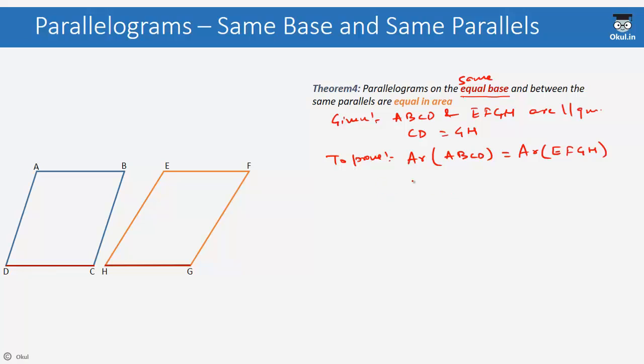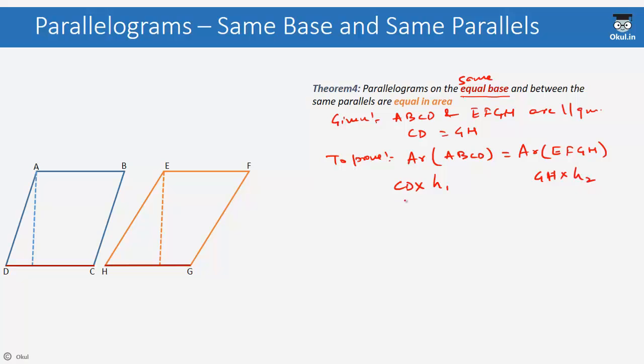We know that area of a parallelogram is the product of base and height. Therefore, area of parallelogram ABCD is CD into the height of the parallelogram. Let it be H1. Also, area of parallelogram EFGH is equal to GH into height. Let it be H2.